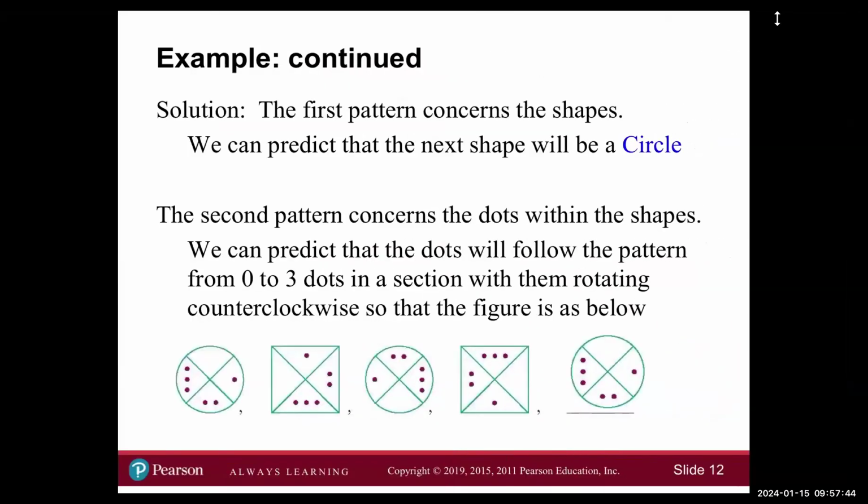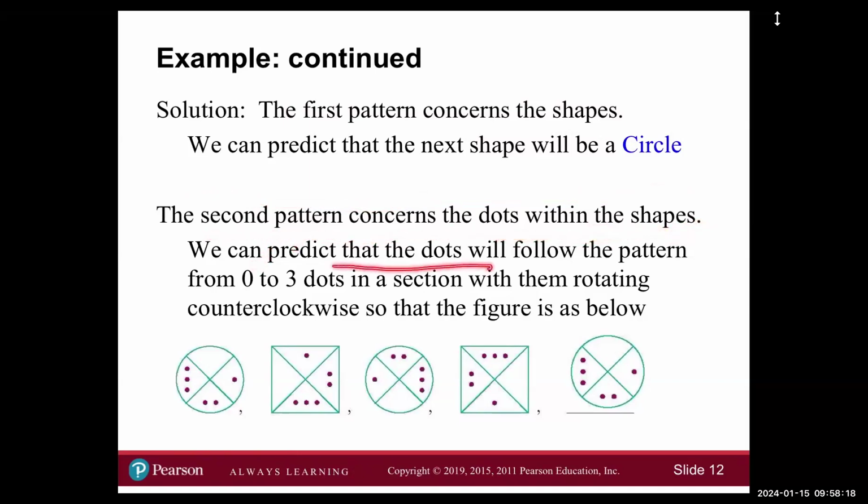In this example, we have this solution. First, the pattern concerns the shapes, and we can predict the shape of the circle. The second pattern concerns the dots within the circle shape, and we can predict that the dots follow the pattern 0 to 3.